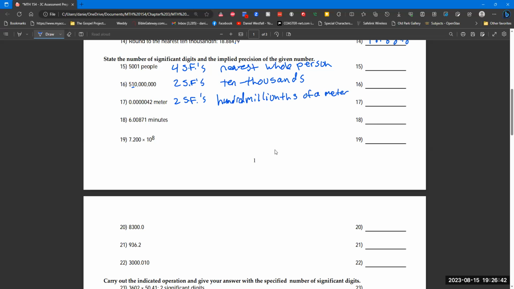Before I go on here, I'm going to say that this is probably better to not talk about in meters. This is probably going to be measured as something like 420 nanometers, or 0.42 micrometers.